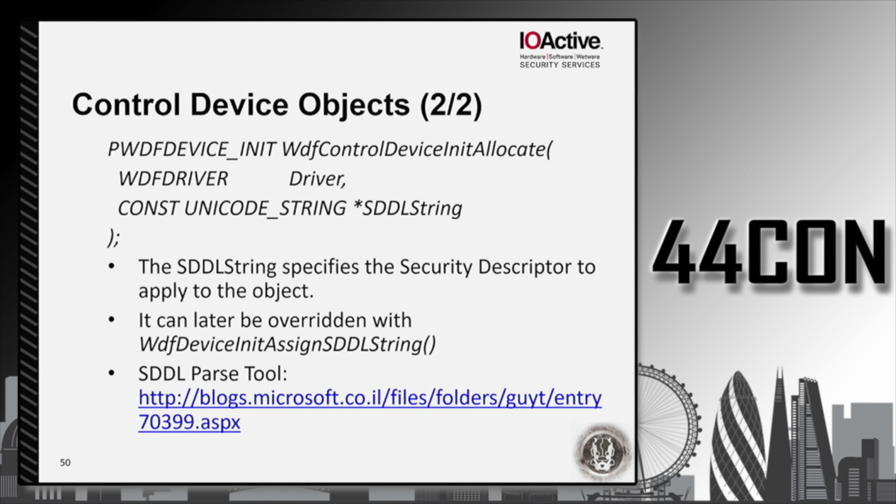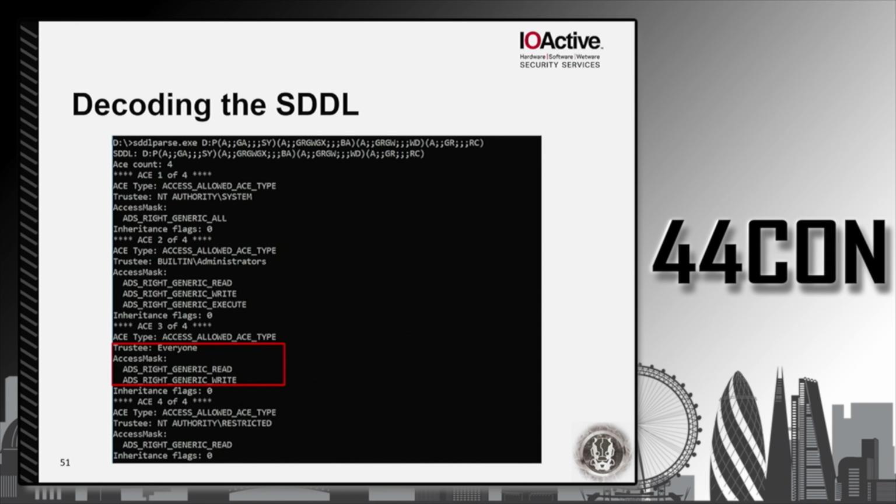We can get that in the reverse engineering through IDA, get the SDDL string and use a tool like SDDL parse tool, like that, and we see that the nasty string that is being passed is parsed, and we see that the Everyone group is able to open a handle with read and write privileges in this case. So that's good.